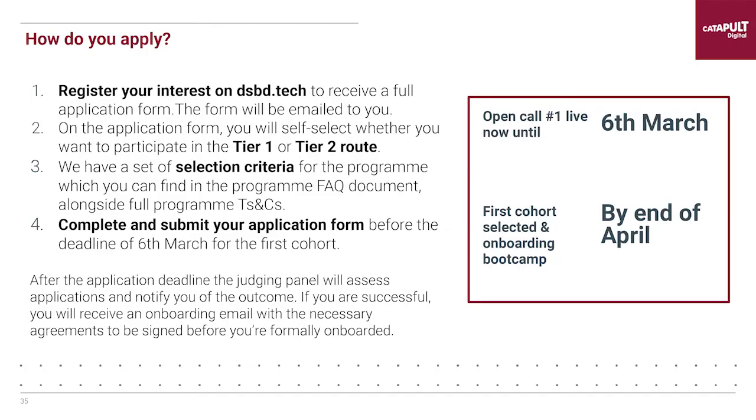The deadline for this open call is the 6th of March, so you need to complete and submit your application before then to be part of our first cohort. We have an expert judging panel that will assess the applications and notify you afterwards. If you're successful, Digital Catapult will get in touch with onboarding details and necessary agreements to be signed before you're formally onboarded through an event that we'll be holding by the end of April.